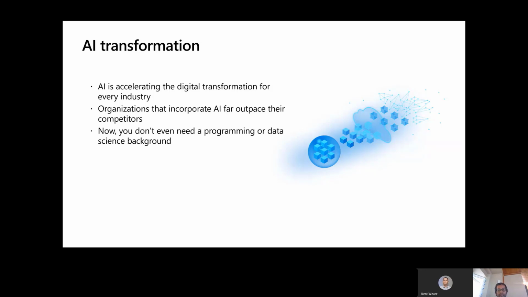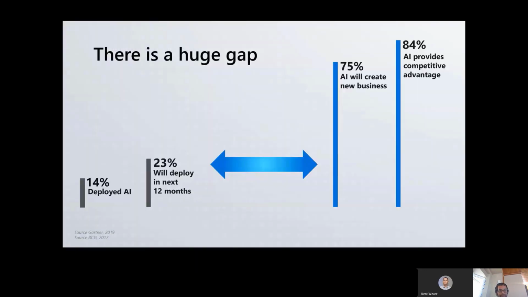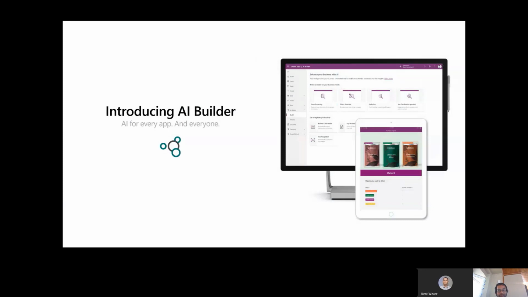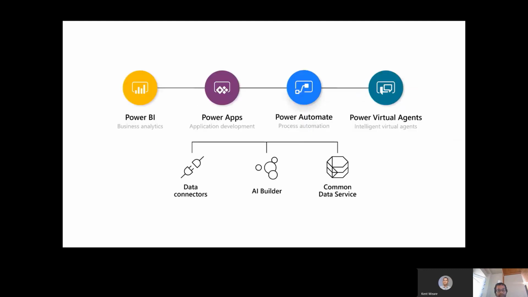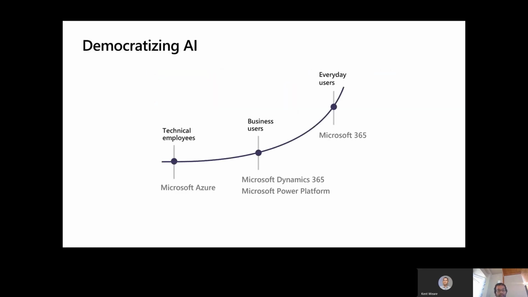It provides a single, simple, easy-to-use model where you can bring in your data, build your model, and consume it within your apps or automation. So this is what AI Builder looks like for detecting objects. And it's a common component that you can use across Power Apps, Automate, and Power Virtual Agents.